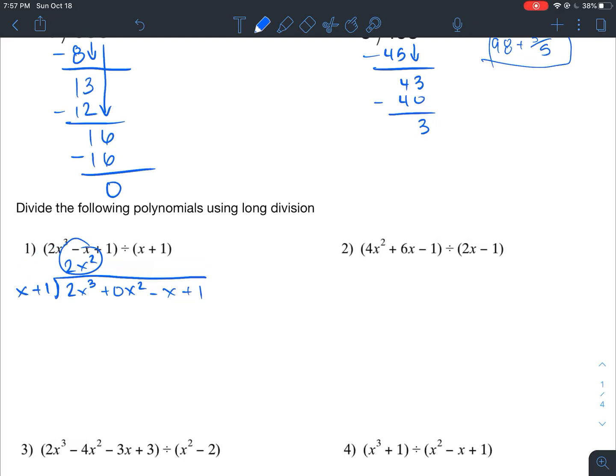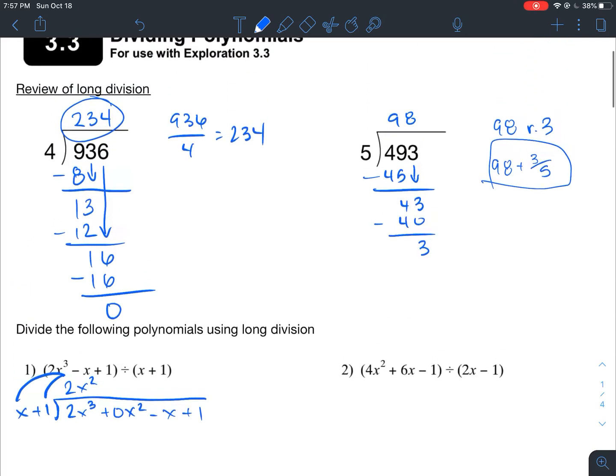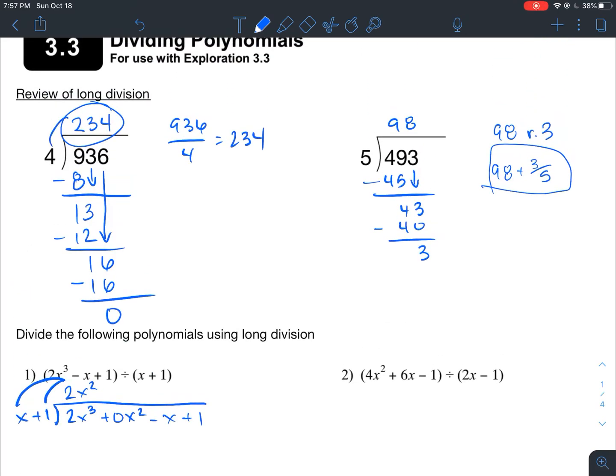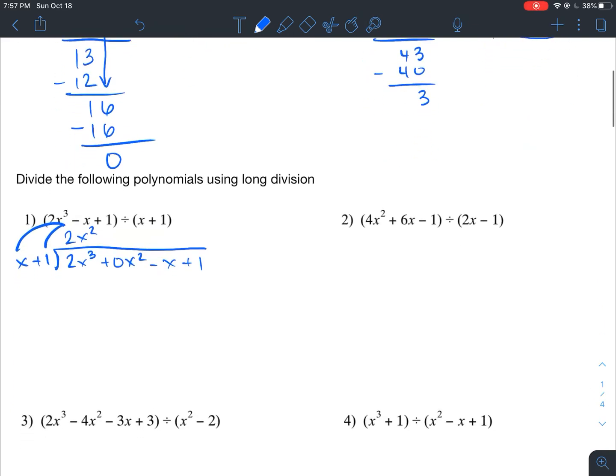So that's what you want to do, and write that term up here. So we have 2x squared. Now I multiply that by both of these terms right here. Notice that that's what we did here. So 2x squared times x is 2x cubed, and 2x squared times 1 is positive 2x squared.